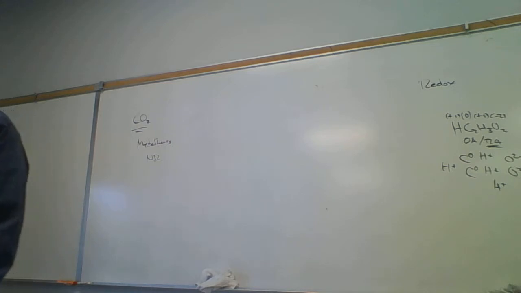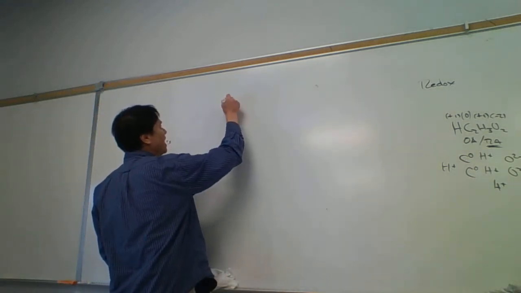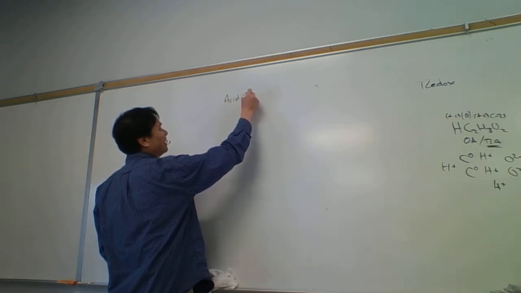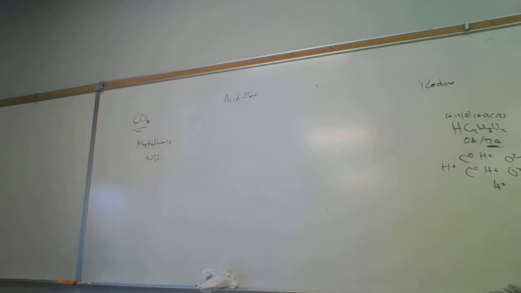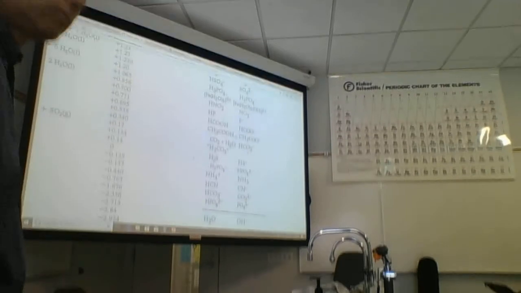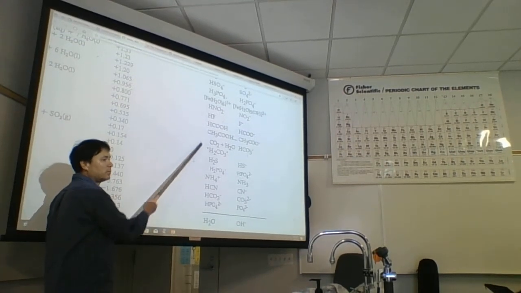However, this is a little bit tricky, and I'll tell you why in a moment. Acid-base. Did you know CO2 is an acid? We saw it on the chart here. It's a moderate acid.